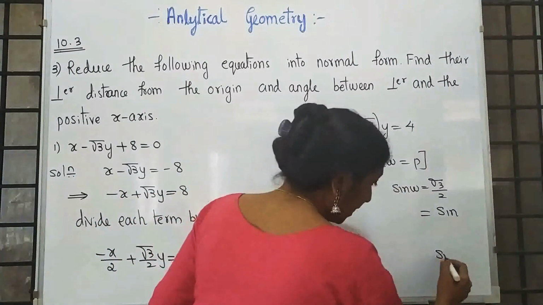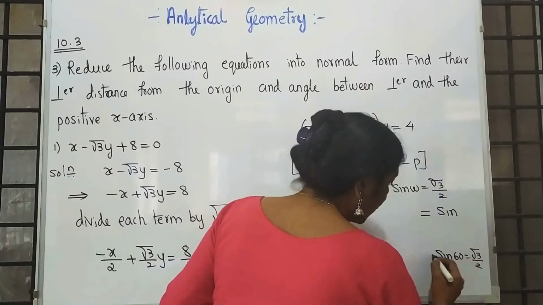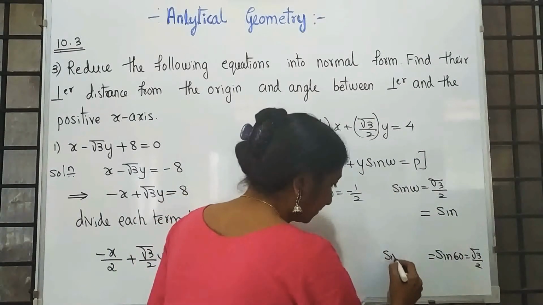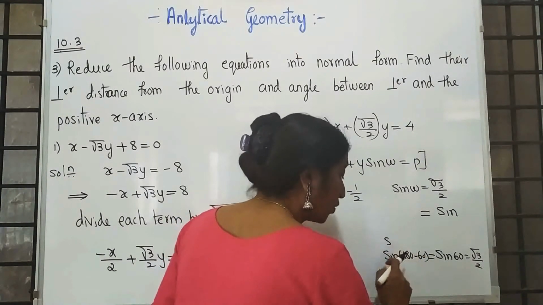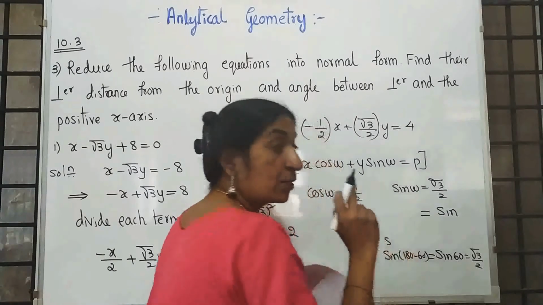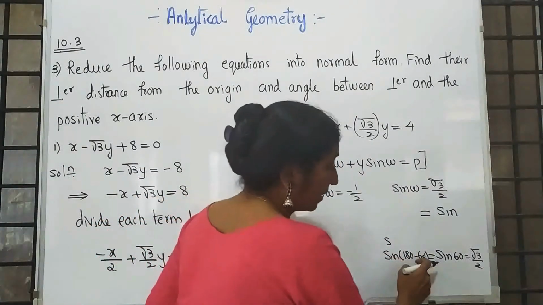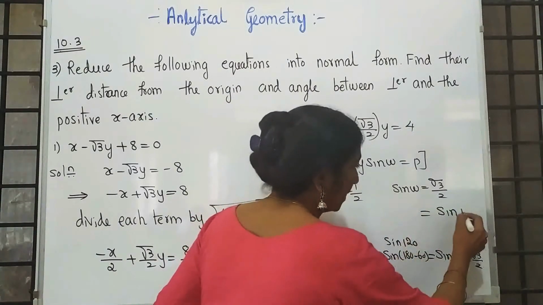So we are familiar that sin 60 degree is root 3 by 2. We have to fit this sin 60 in the second quadrant. How do you write that? 180 minus 60. Because sin of 2 into 90, 2 is even. Sin of 180 minus theta is sin theta. So this is nothing but sin 120 degree.